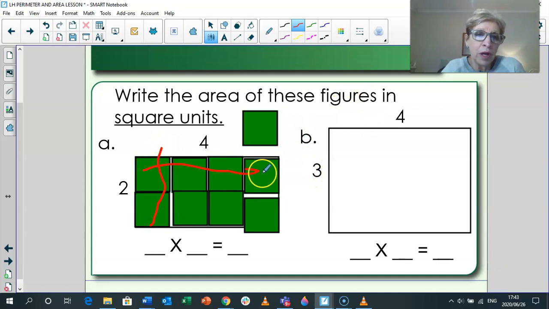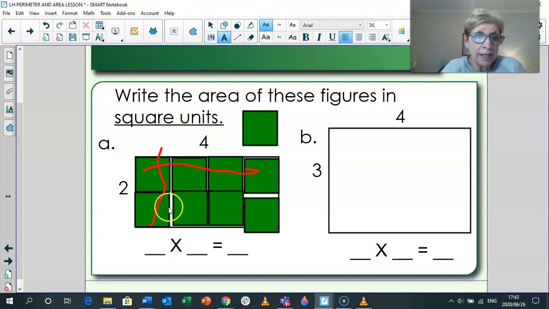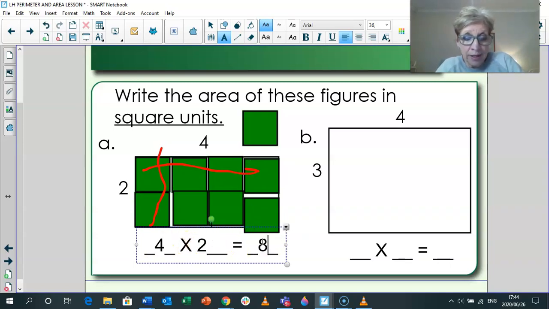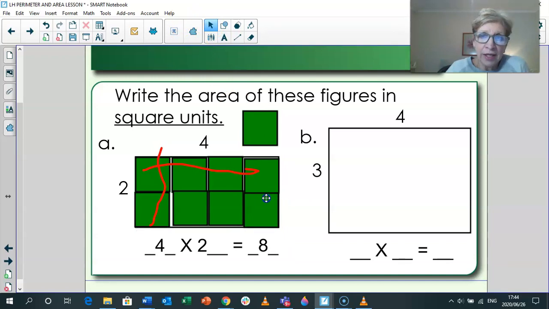So 4 in a row and 2 in the column. How can we make that easier? Let's count them. There are 8 altogether. So let's go 4 times 2 equals 8. So the area covers a space of 8 square units.